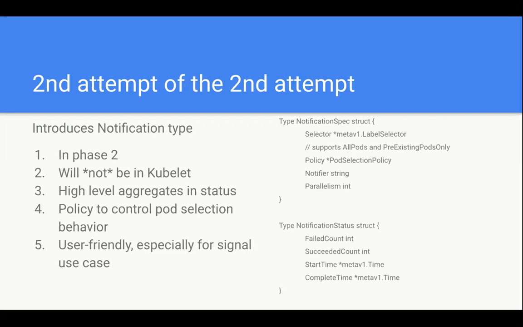The second one is that the aggregated results are recorded instead of detailed ones in the upper level notification object. So pod notification will have a per pod status, and notification will own all the pod notifications created out of it. And then if anyone wants to see a detailed drill down, they can always get it. That's the second thing.